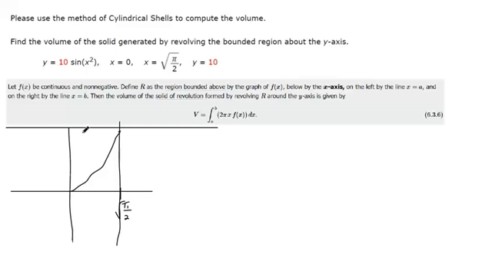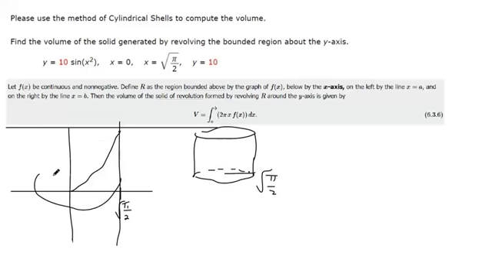Okay, so this entire region here, this is just a right cylinder. Right? Here's the top. Here's the bottom. It has a constant radius of square root of pi over 2. It has a height of 10 because we're revolving this around the y-axis, right? So that's the bottom of the right cylinder I just drew.